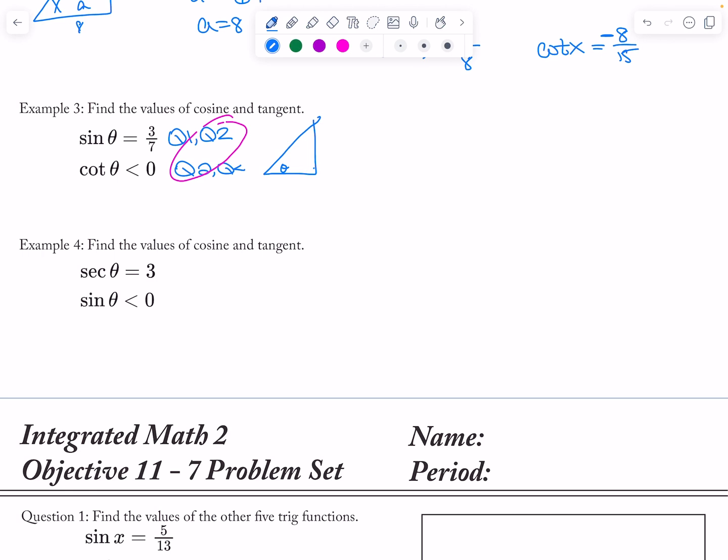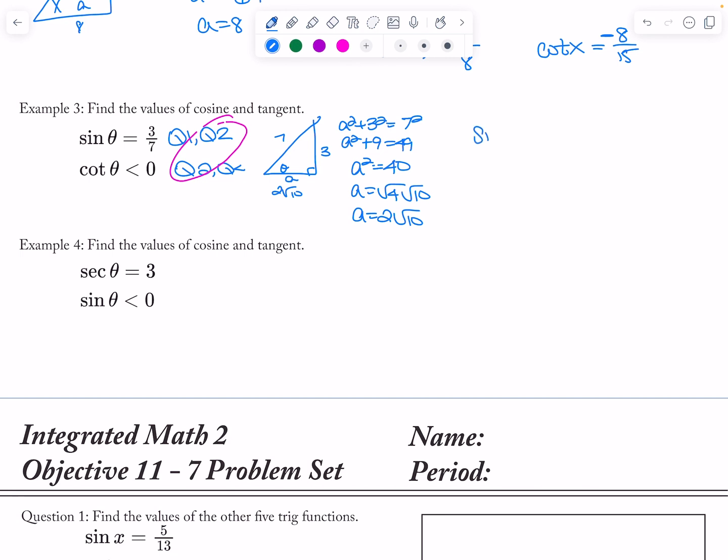My opposite side is 3, my hypotenuse is 7, and I'm trying to figure out what a is. So a squared plus 3 squared is equal to 7 squared. So a squared plus 9 is equal to 49. A squared is equal to 40. So a is root 4 times root 10, because I simplify my root, so I get 2 root 10.